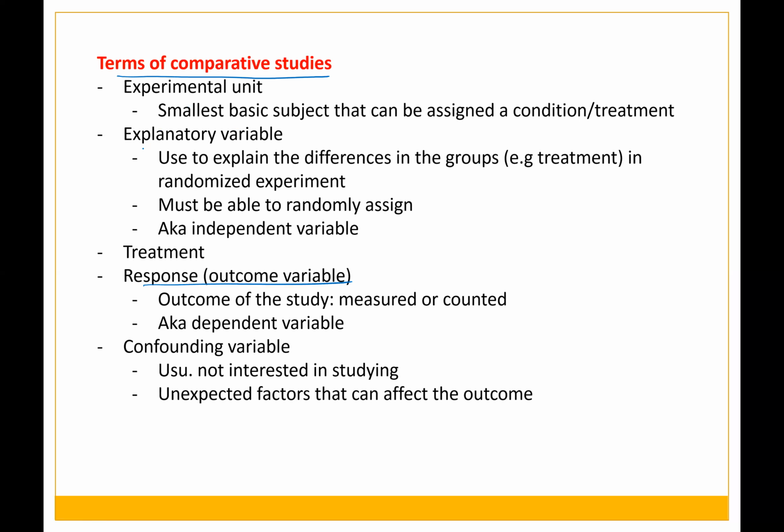Those are the very easy things. So if you want to learn the effects of something on something else, the factor that you change to see the effects on different subjects is the explanatory variable, and the result that you get is the response variable.